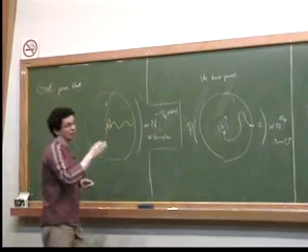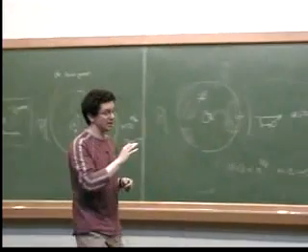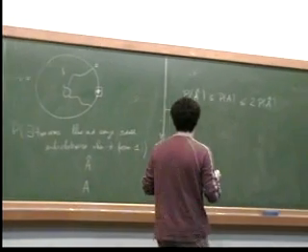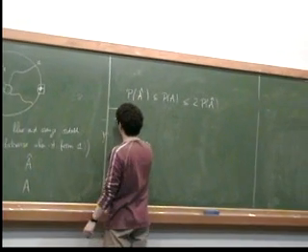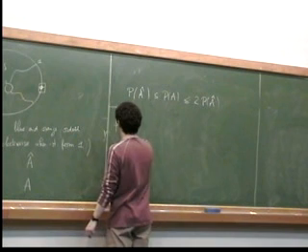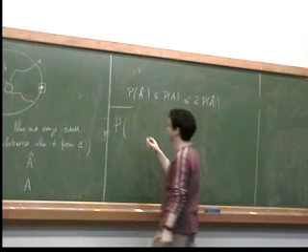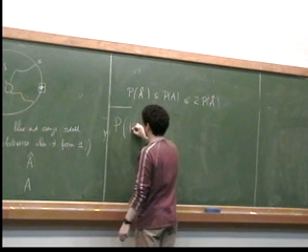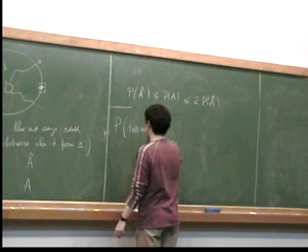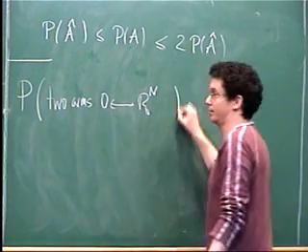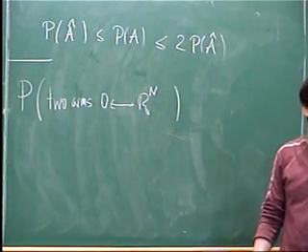Okay, so this tells you that basically everything we said for the upper bound will still hold. The story about the upper bound will hold, because you ask: what is the probability of 2 arms from 0 all the way to R0 to the n in the discrete case?